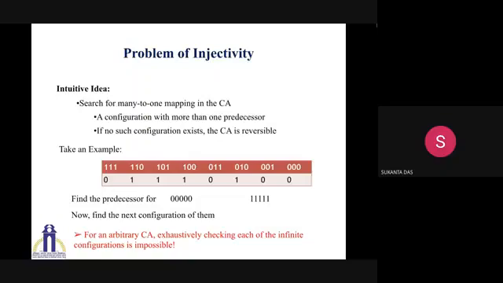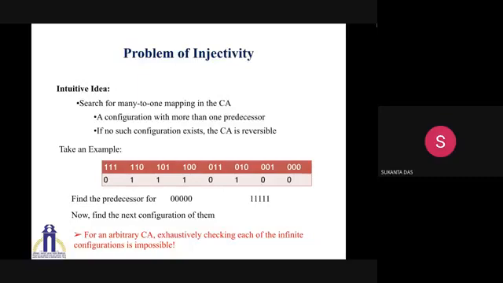Because we have seen that injectivity of a cellular automaton implies surjectivity, hence injectivity implies bijectivity, and bijectivity in case of CA is synonymous with reversibility. So testing of injectivity is sufficient for testing reversibility.